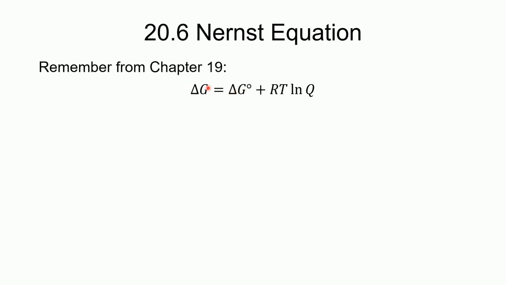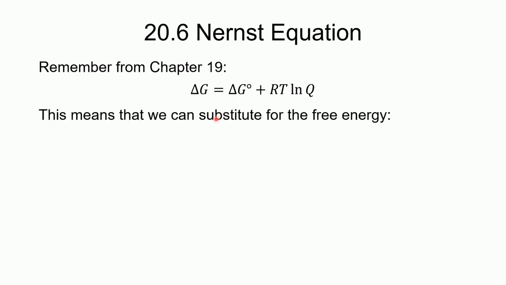Well, we can replace delta G and delta G standard with our formulas that are related to E cell. And so we'll replace each of those so that we get negative NF E cell is equal to negative NF E cell standard plus RT natural log of Q.